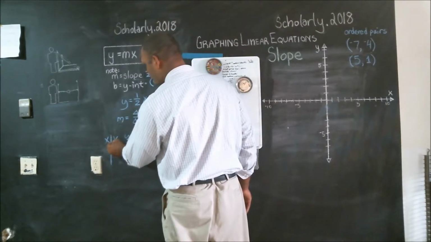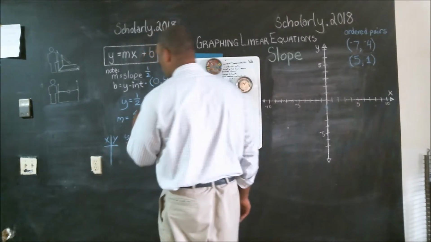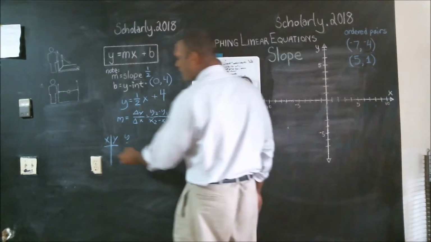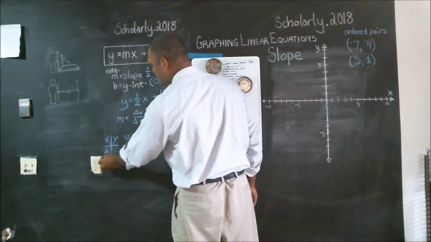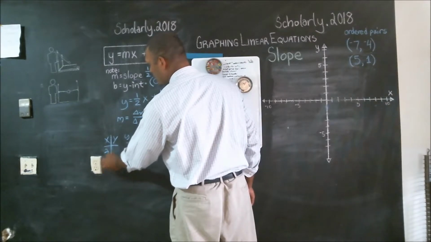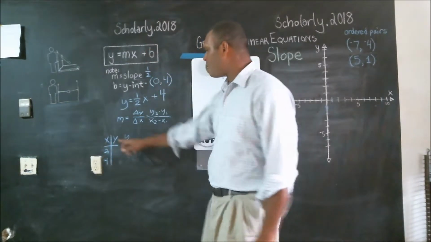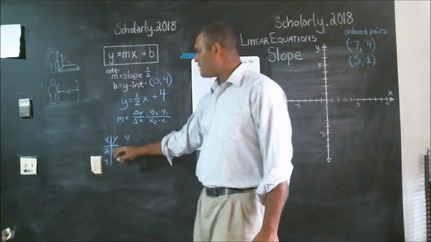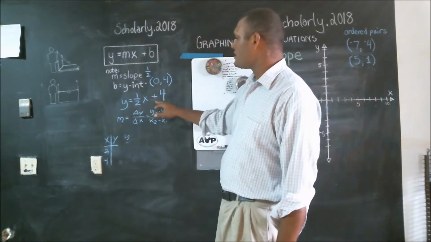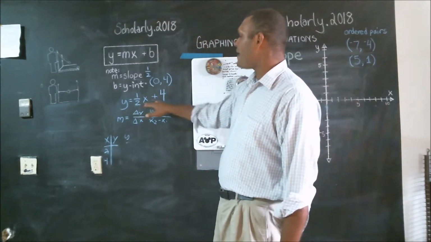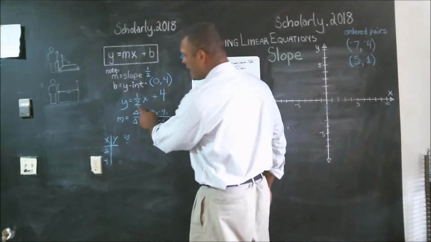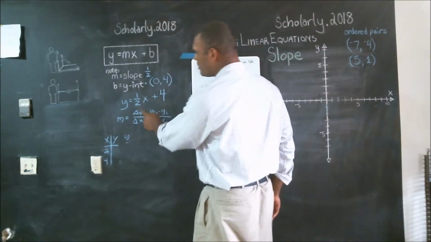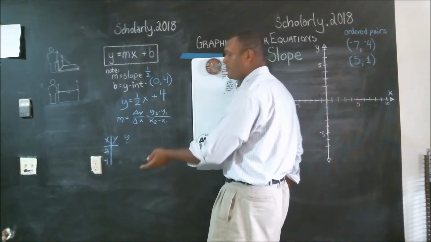We'll say the first value for x is 2, and the second value for x is 4. What we want to get is what y equals, so we have y equals 1/2 x plus 4.